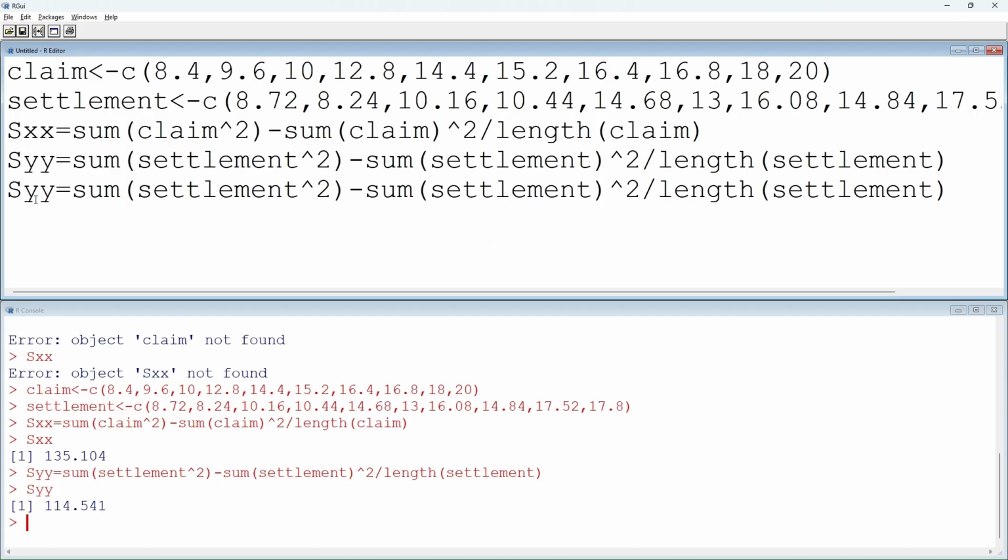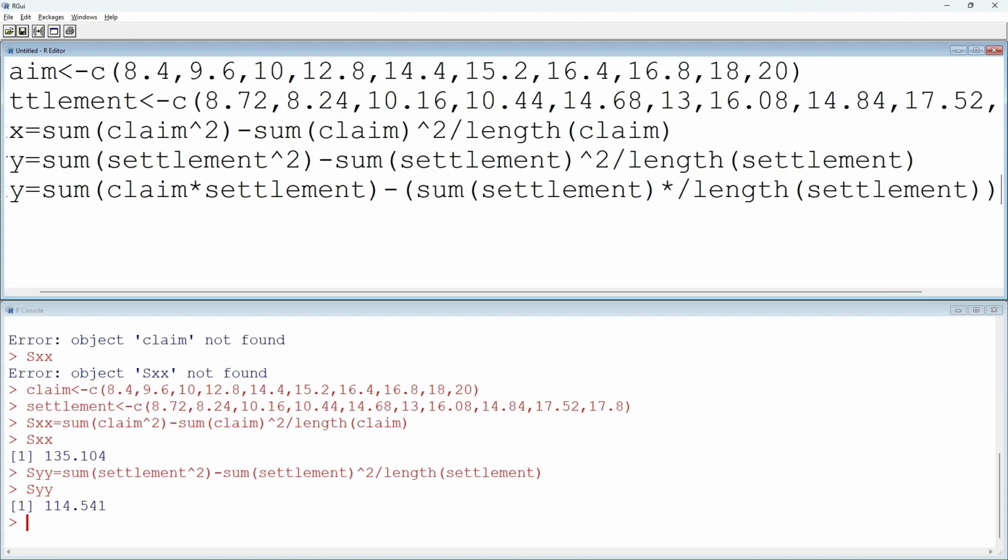Now we need the same thing for, let me just copy that last one, the sum of squares of xy now. So the sum of squares of xy is not settlement squared, but it is the sum of claim times settlement. Sum of xy. Claim times settlement, isn't it? And then minus not the sum of settlement squared, but rather the sum of settlement multiplied by the sum of claim.